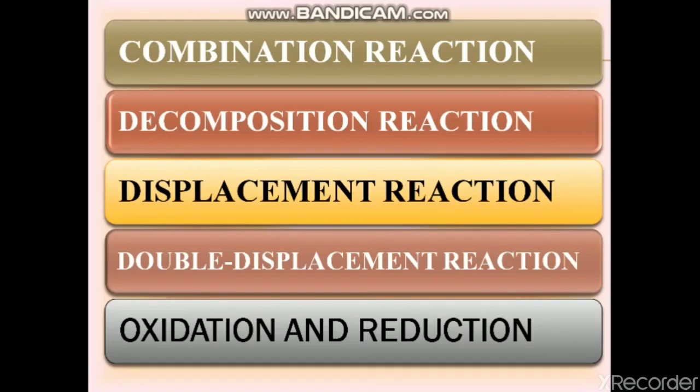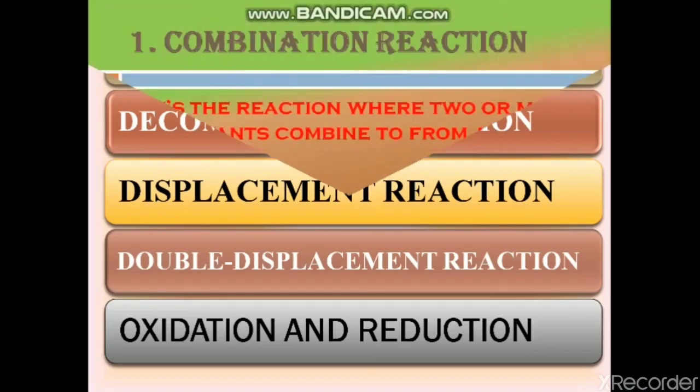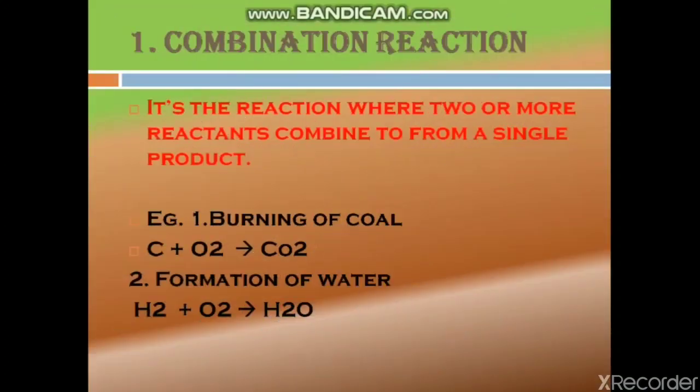Next, we are going to discuss them one by one. Let's see first the combination reaction. I just wrote here combination reaction. It is the reaction where two or more reactants combine to form a single product.